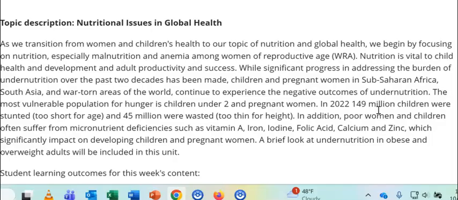In addition, poor women and children suffer from micronutrient deficiencies. So you're going to look at this especially in your textbook. Focus on the micronutrient deficiencies such as vitamin A, iron, iodine, folic acid, calcium, and zinc. And this impacts developing children and women who are pregnant.